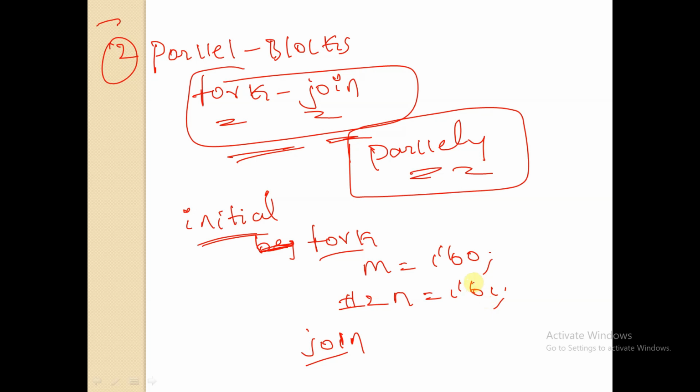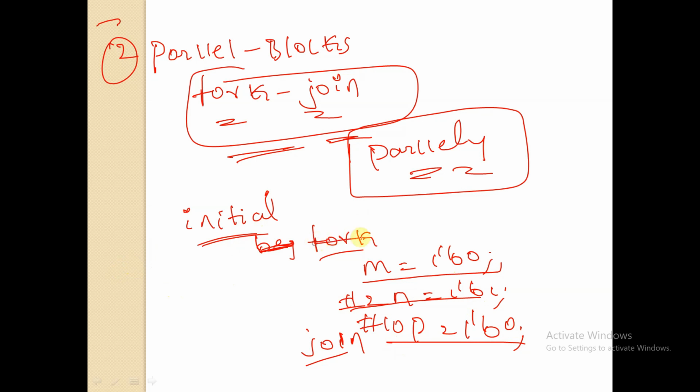I will write one more statement here, suppose #10 p is equal to 1'b0. At 0 time units only, I will get the value of m equal to 0, at 2 time units I will get the value of n equal to 1, and at 10 time units I will get the value of p equal to 0. This is getting executed parallelly.